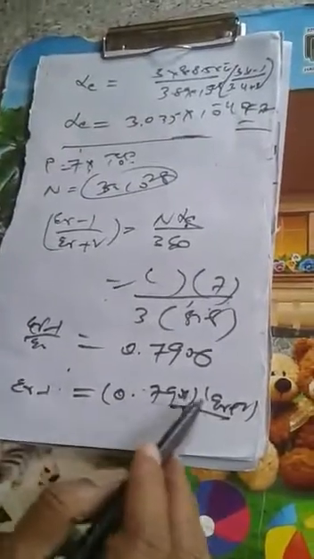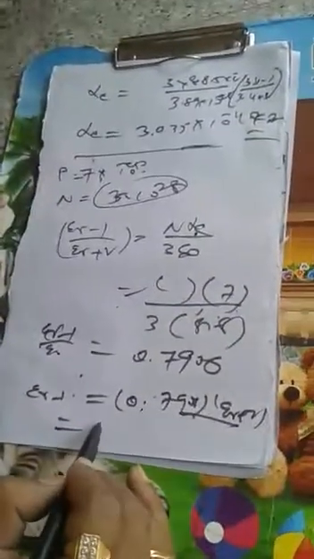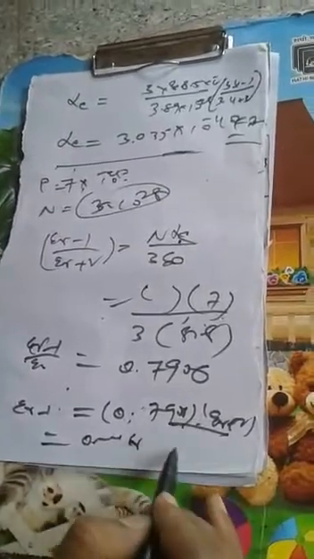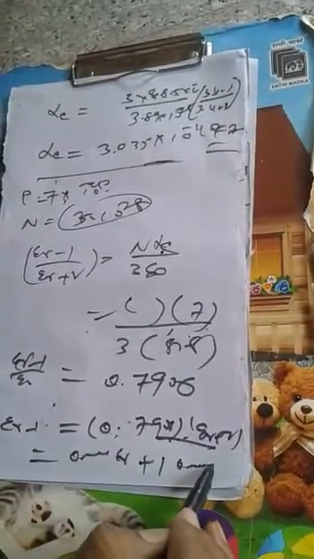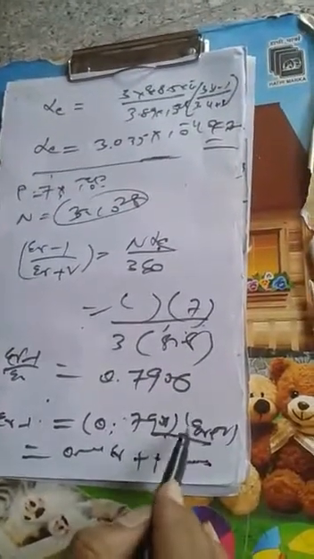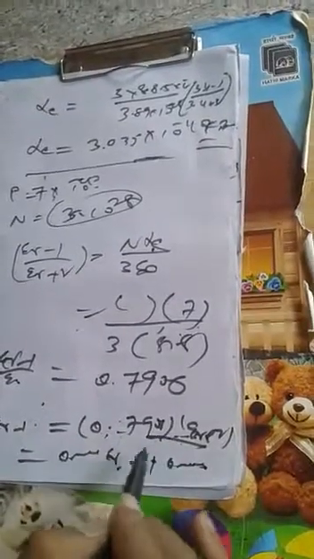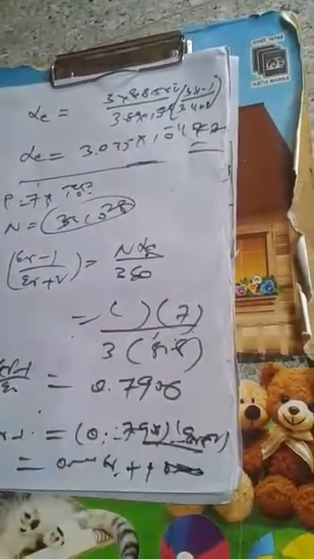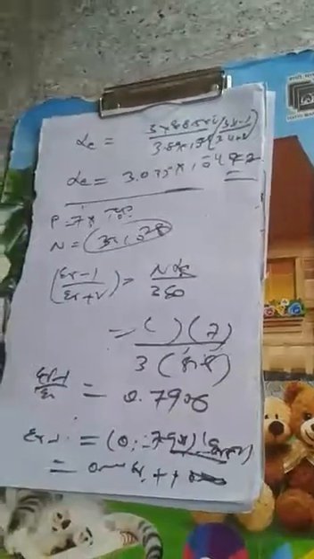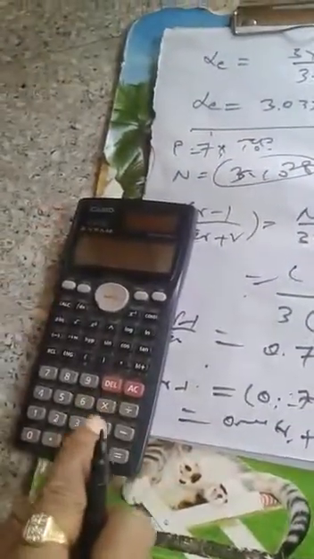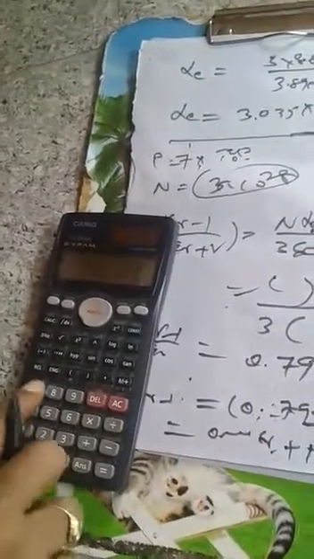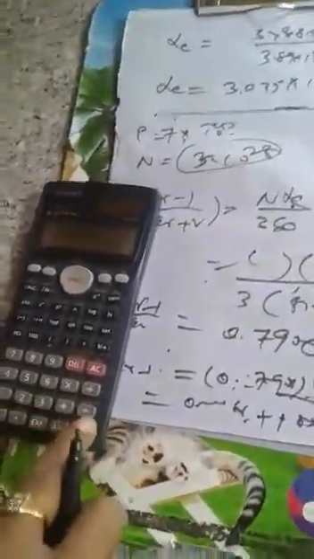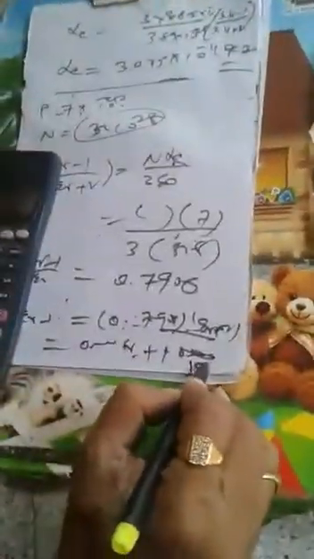Simplify this: 0.7906 into εr, plus 0.7906 into 2, which is 1.5812. So εr − 1 = 0.7906 εr + 1.5812.